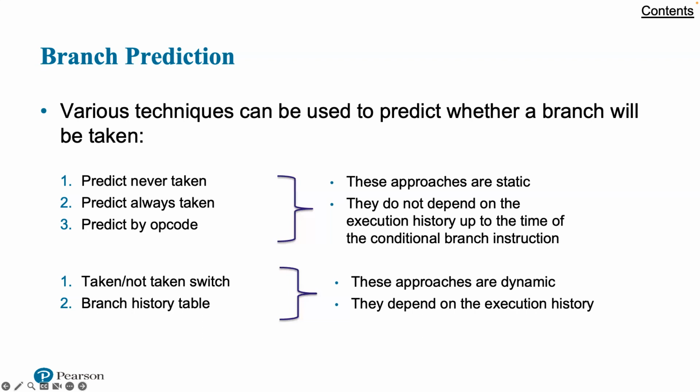Studies analyzing program behavior have shown that conditional branches are taken more than 50% of the time. And so if the cost of prefetching from either path is the same, then always prefetching from the branch target address should give better performance than always prefetching from the sequential path.